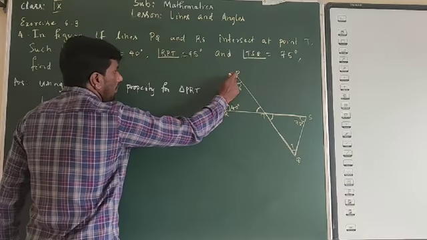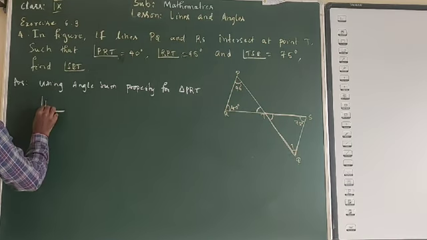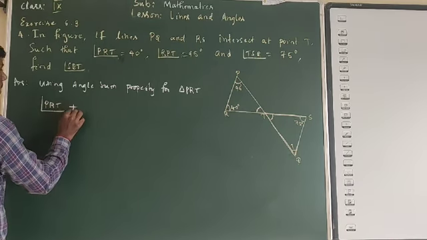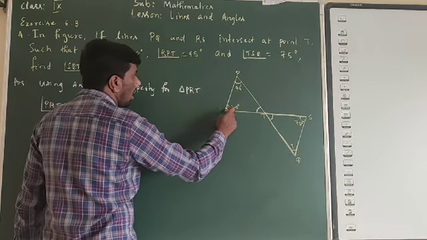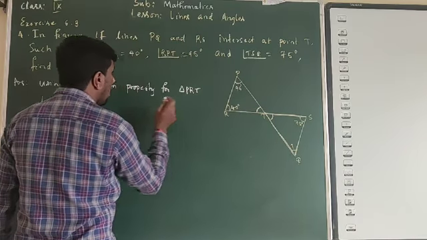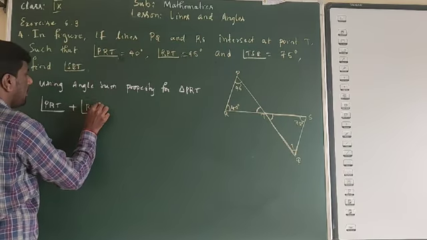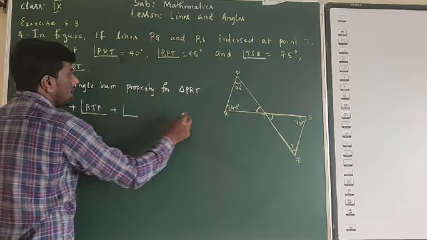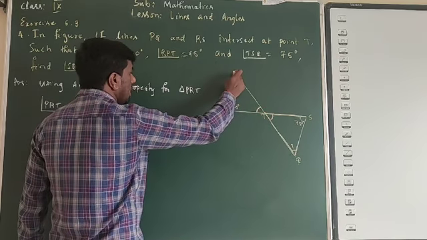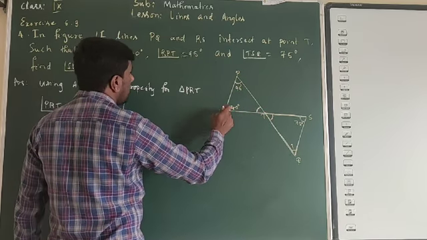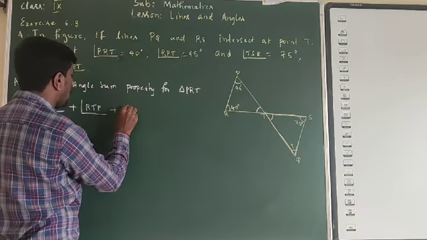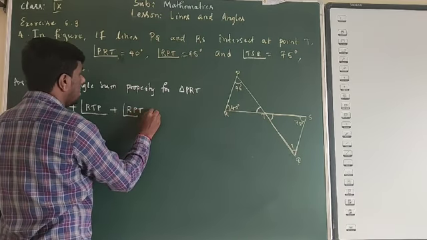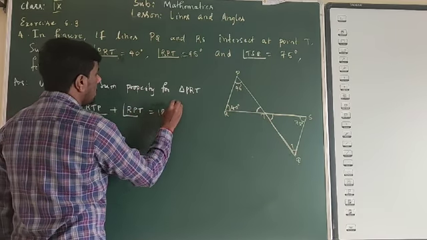Angle PRT plus angle RPT, or TPR, plus the third angle RTP must be equal to 180 degrees, right?